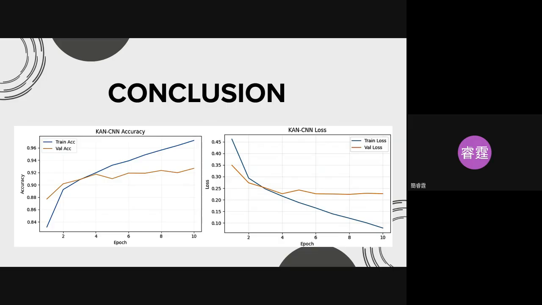So overall, the most useful modifications in the three experiments were hybrid pooling and the simplified KAN-inspired layer. The custom activation was creative, but it was not better than the original baseline in this task. And this is our presentation.